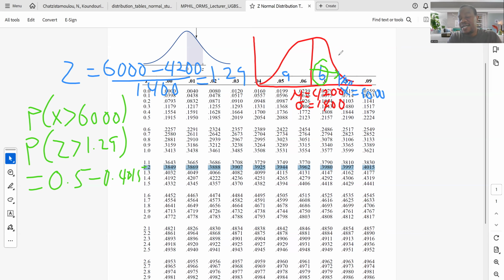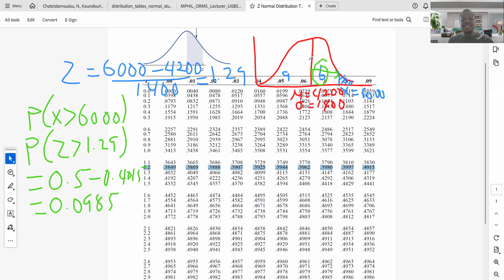Whatever you had, you have to subtract it from 0.5 to get to the C area. So you have 0.5 minus 0.4015. What did you get? 0.0985, I think. Yes, 0.0985. So that is your answer for the area.